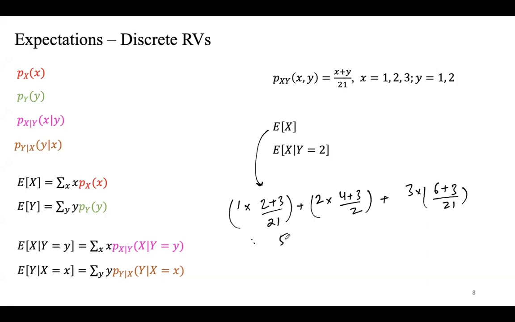Right, now you solve this, you get 5 by 21 plus 24 by 21 plus 9 into 3, 27 by 21. Right, so this is 46 by 21. Yep, that's right. Okay.